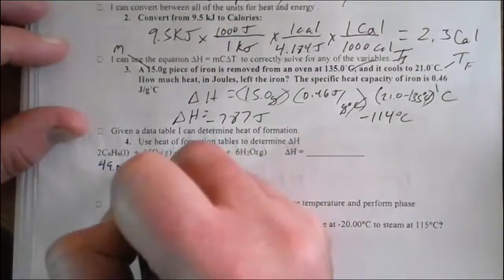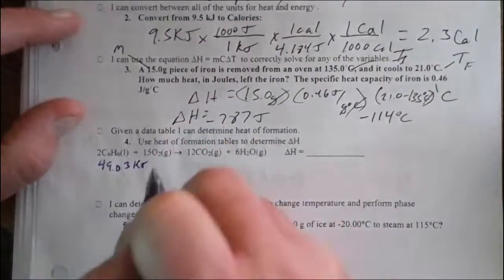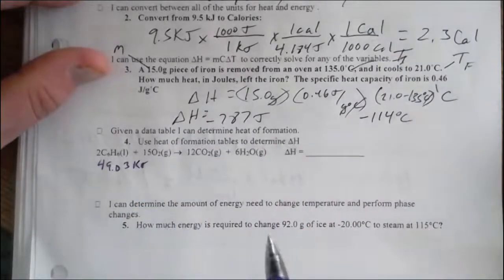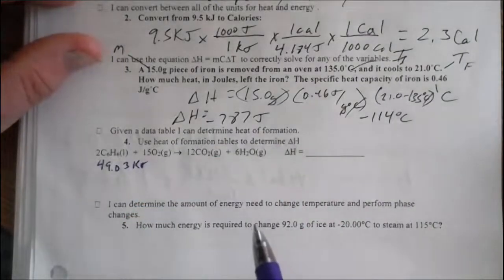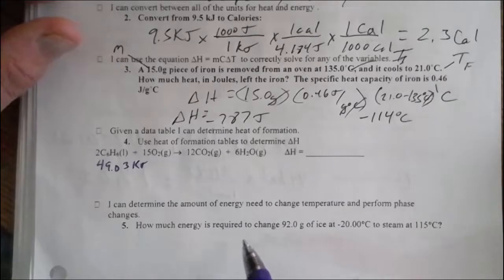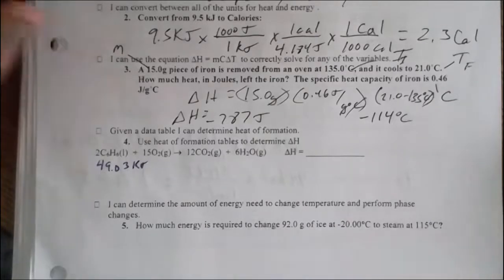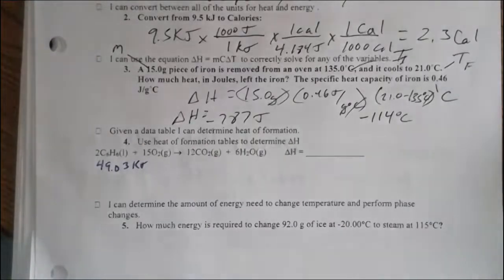So we found 49.03 kilojoules per mole here. And we have O2. What is that one? Do we need to look at the table for that one? Did you find it on there?